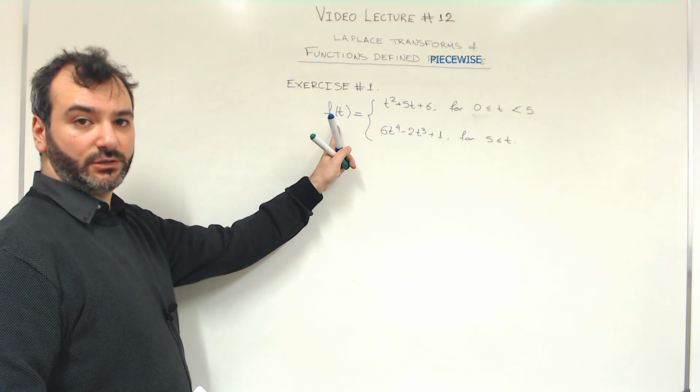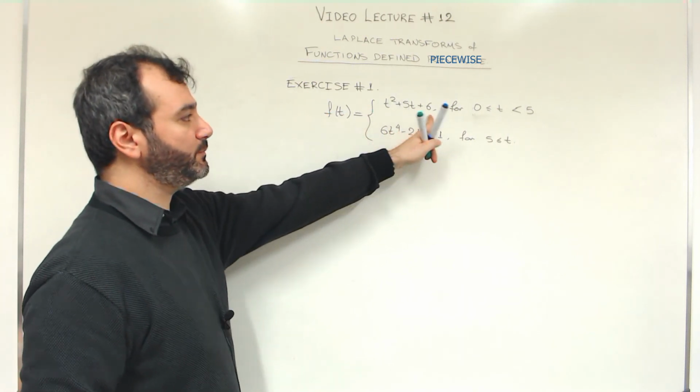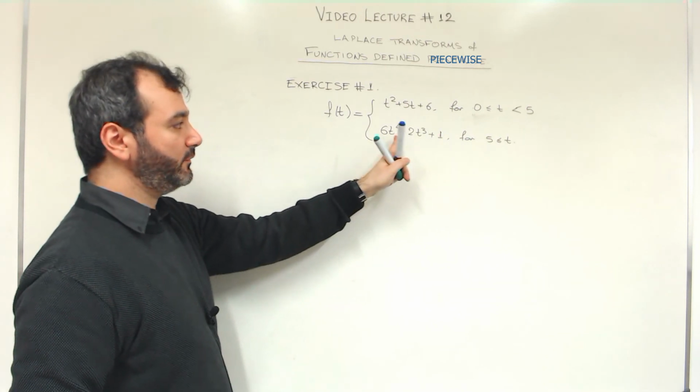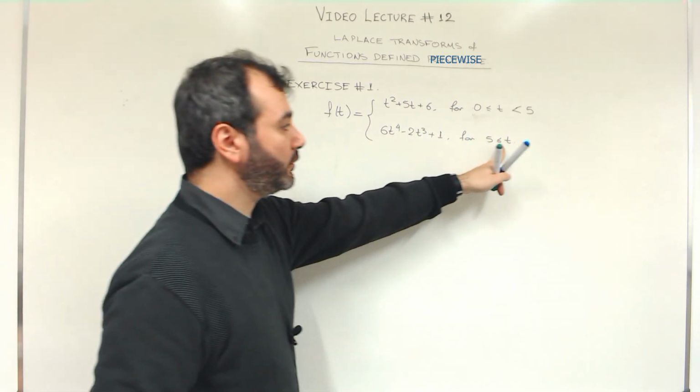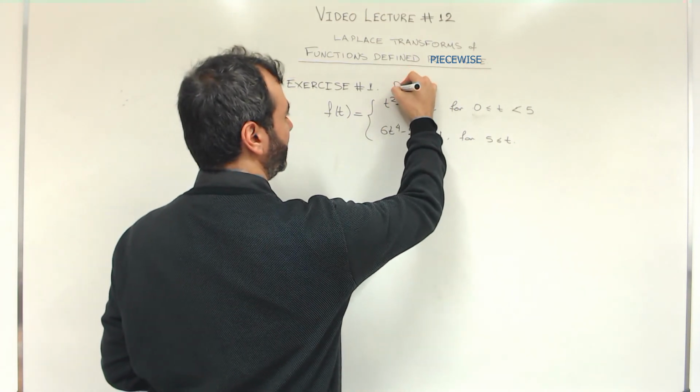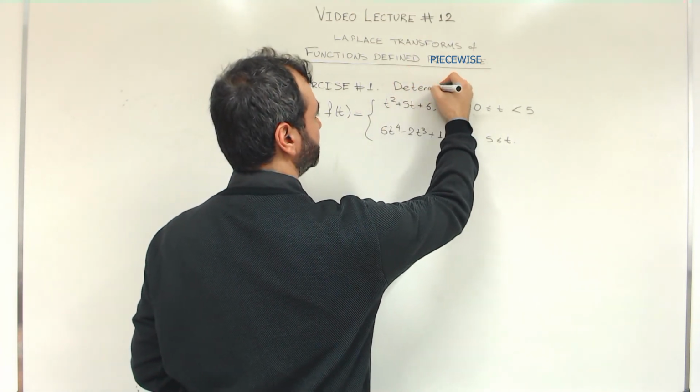So take this function f, which is given by this polynomial for t between 0 and 5, and this other polynomial of degree 4 for t above 5. And the exercise is to determine the Laplace transform of this function.